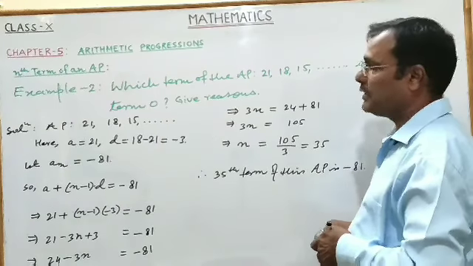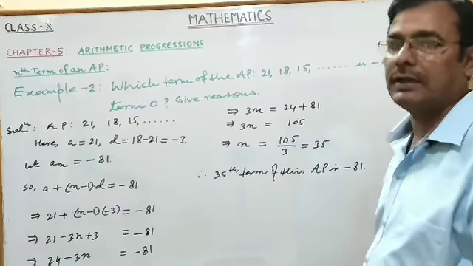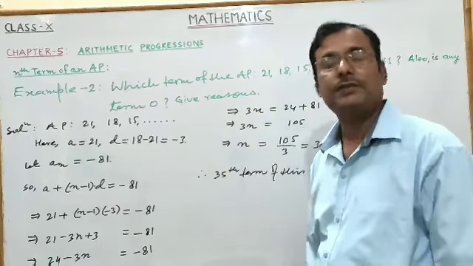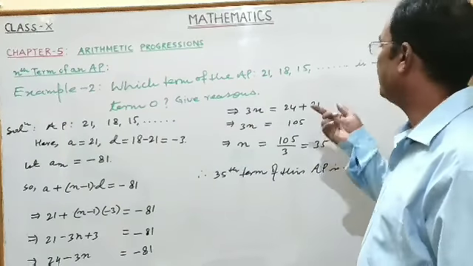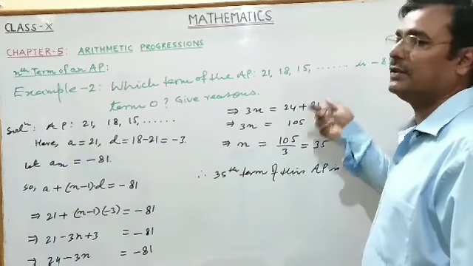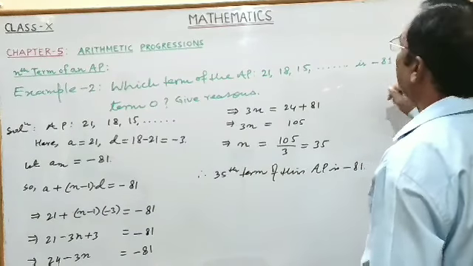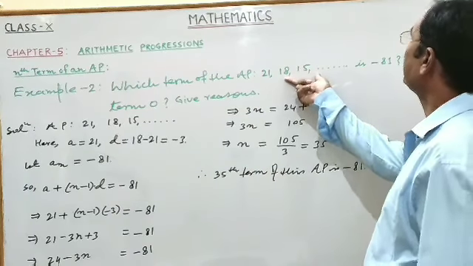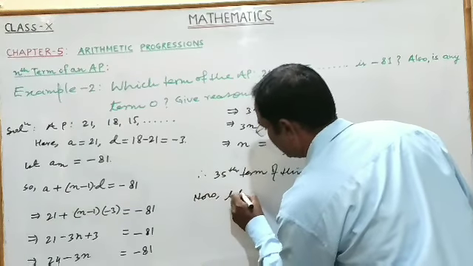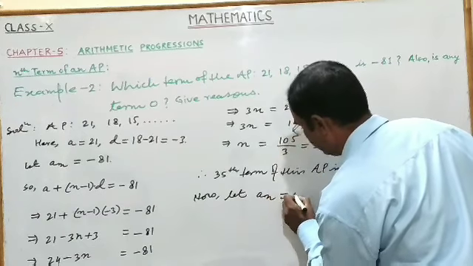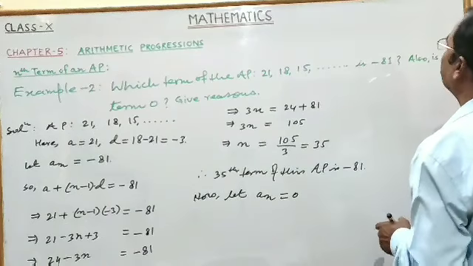Now we have to check whether 0 is a term in this arithmetic progression or not. That means we have to find such a value of n for which the nth term of this arithmetic progression is 0. So let us suppose once again that nth term of this arithmetic progression is 0, for which we will find the value of n.